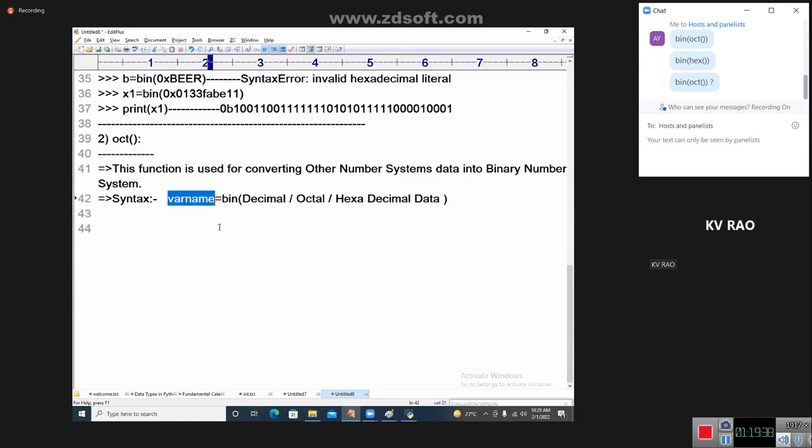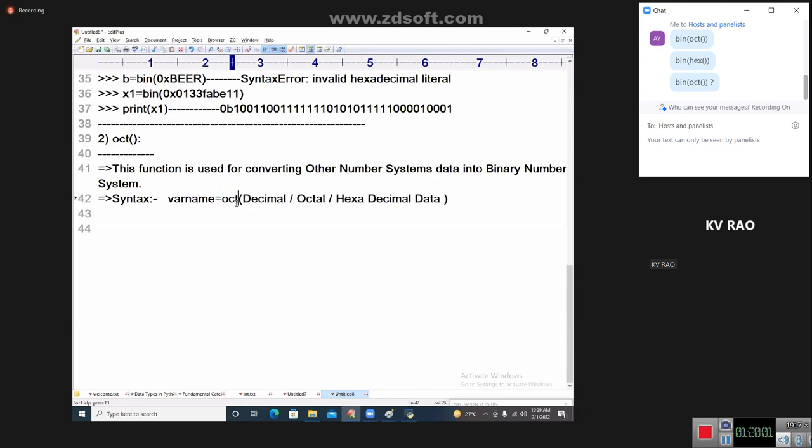I take a variable name to reuse my value again and again. So follow my syntaxes. When I want to use the value again and again in many places, you need to follow this, right?